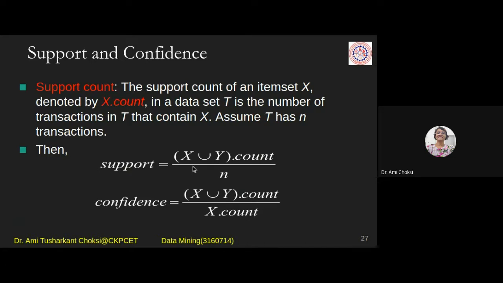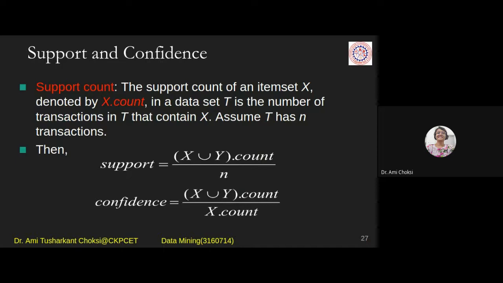So support is equal to X union Y, that is for two items we are considering. X union Y, both must be available. Their count we need to have, and N is the number of transactions. And confidence is X union Y dot count divide by X dot count, that is the first item.